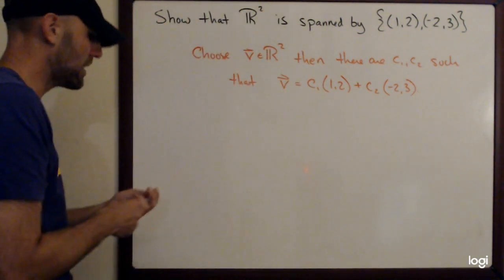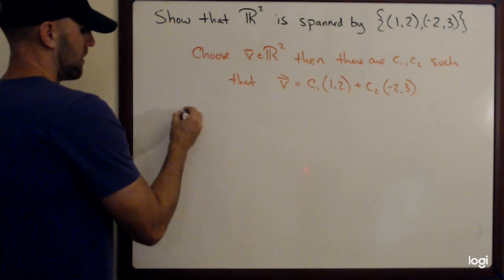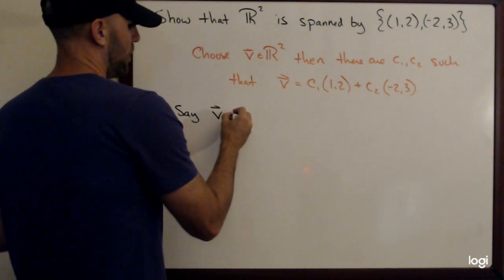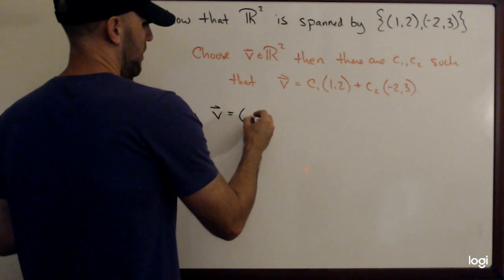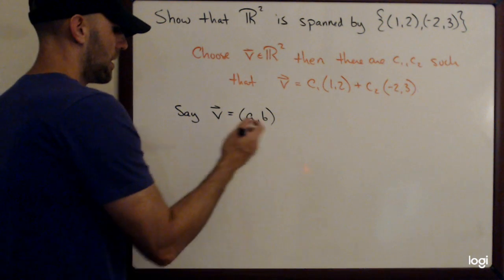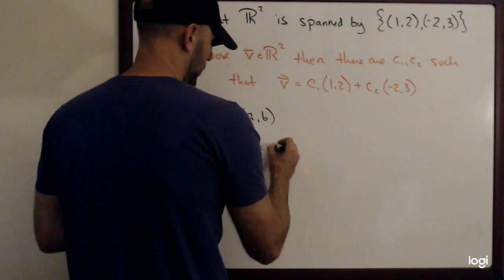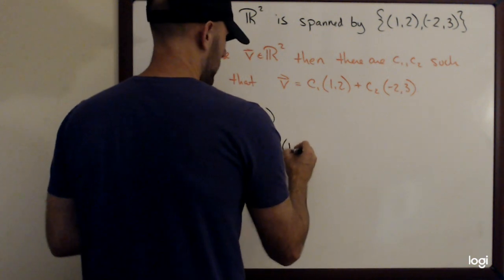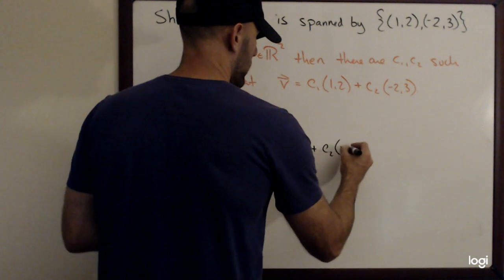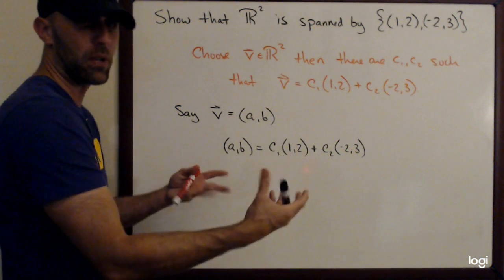Well, it's pretty easy. Let's say V is equal to (A, B). Then I can set (A, B) equal to C1 times (1, 2) plus C2 times (-2, 3). Again, I can still distribute and expand these things.